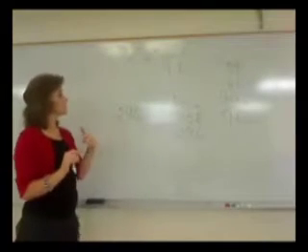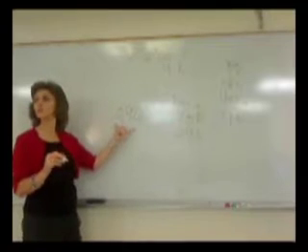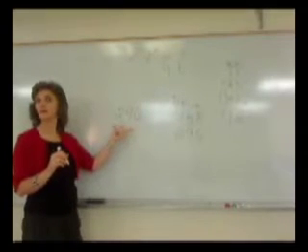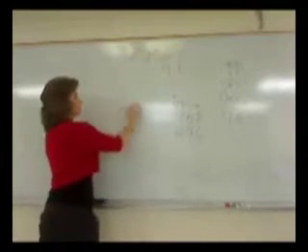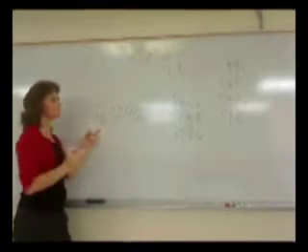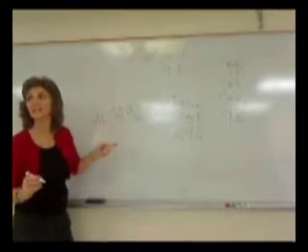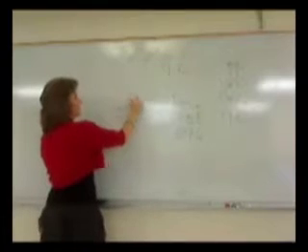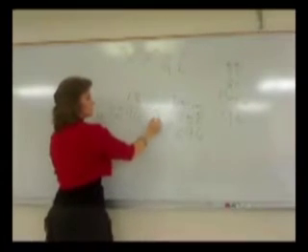All right, so let's convert 296 into hex. I'm going to put it up this way. How many times will 16 go into 296? 18 times, with a remainder of 8. So put the 8 here.